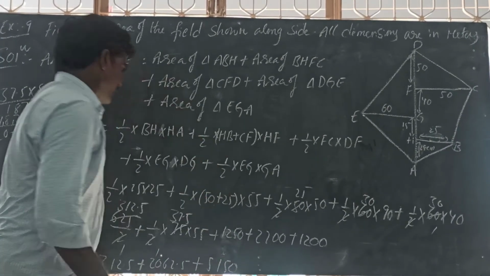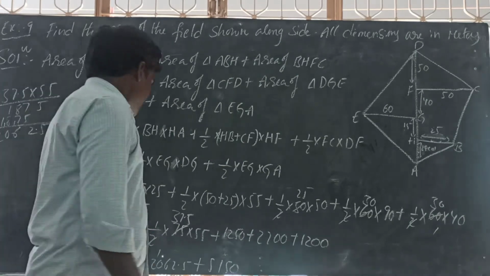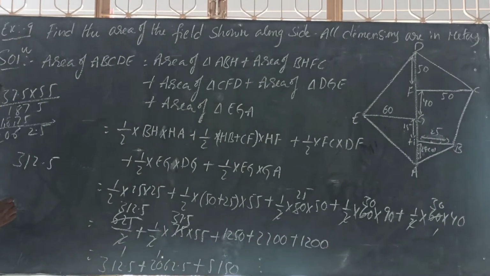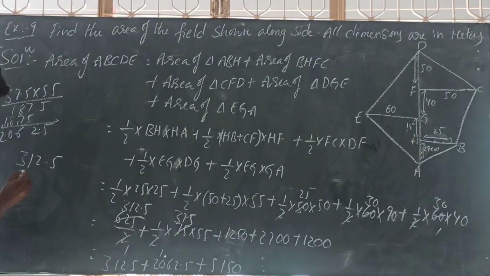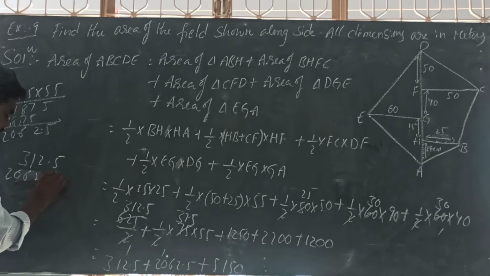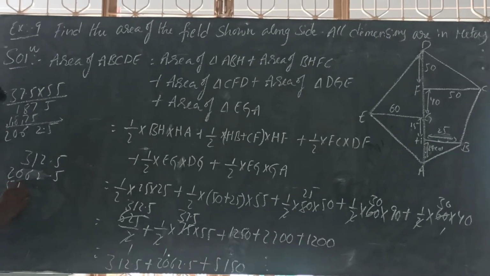5150. Next, total the sum: 312.5 plus 2062.5 plus 5150.